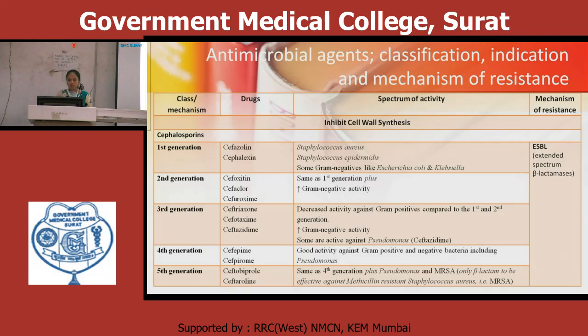Good activity against gram-positive and gram-negative, including pseudomonas. Fifth generation contains drugs ceftobiprole and ceftaroline. Same as fourth generation plus pseudomonas and MRSA. Only beta-lactam to be effective against methicillin-resistant Staphylococcus aureus.